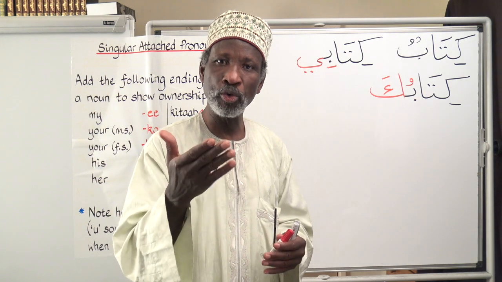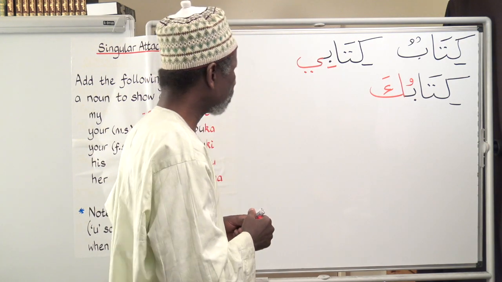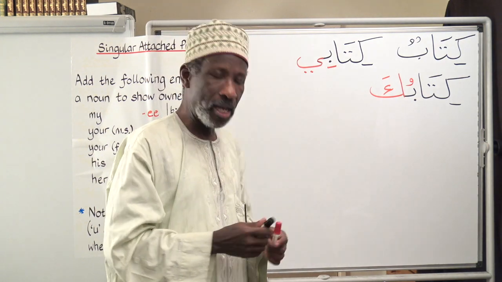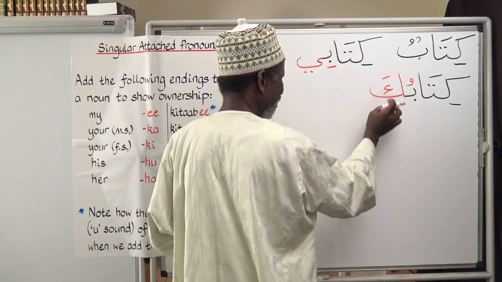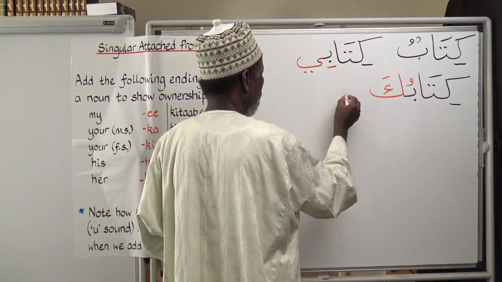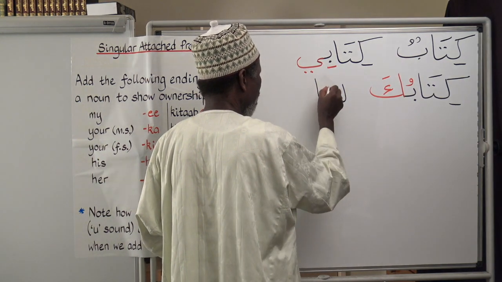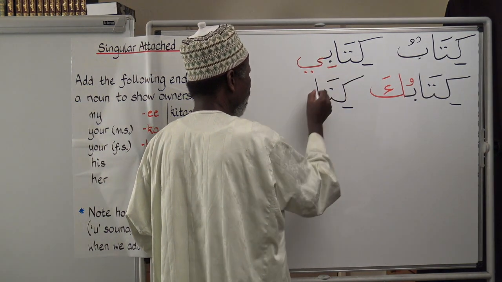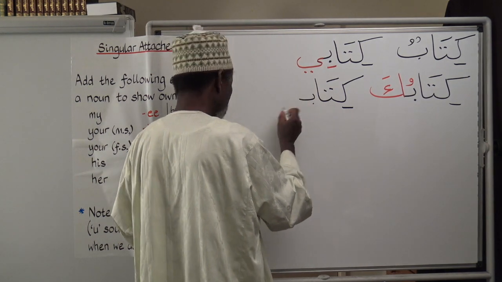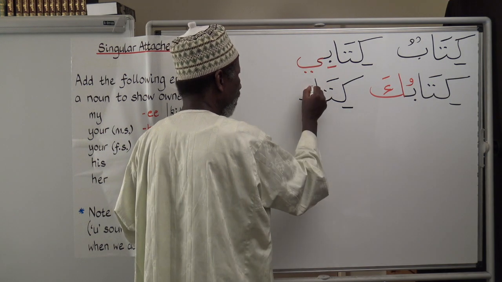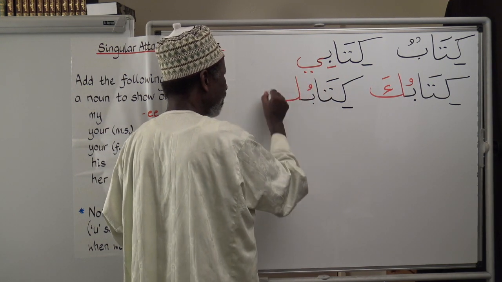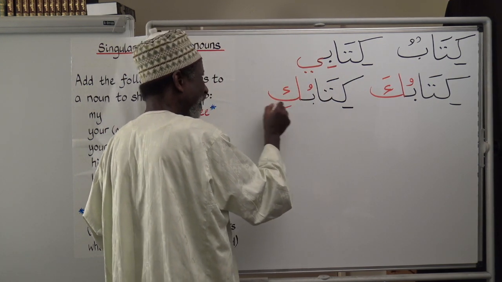Baytun, baytu ka. If I'm speaking to a lady, I will say instead of ka, just ki. The same thing, but ki instead of ka ending. So I'm going to put kitab, and this is the last letter of the original noun. So I'll put u as I did over there, and then attach pronoun ki this time.